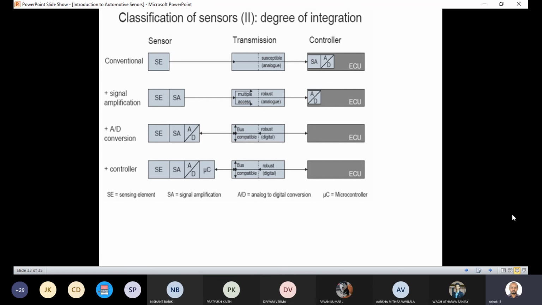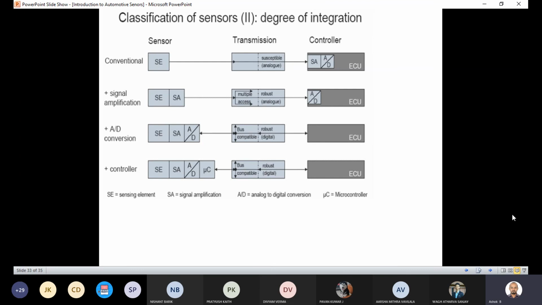But in an unconventional sensor, which is slightly advanced, the signal conditioning is present inside the sensing chip itself. The same component consists of signal amplification and A to D conversion, so it can directly give the digital signal.